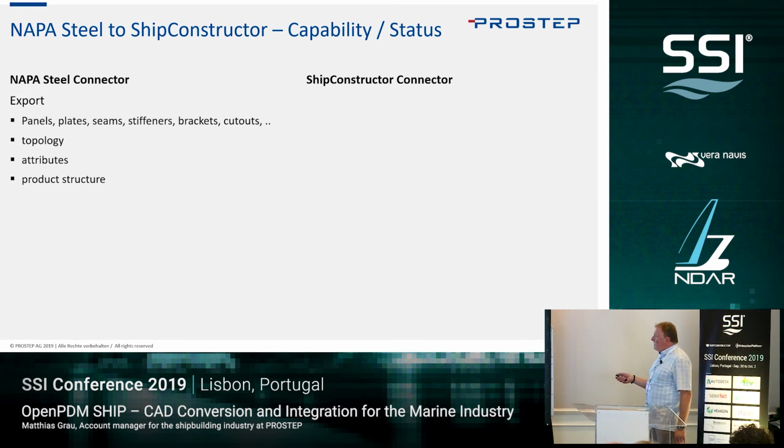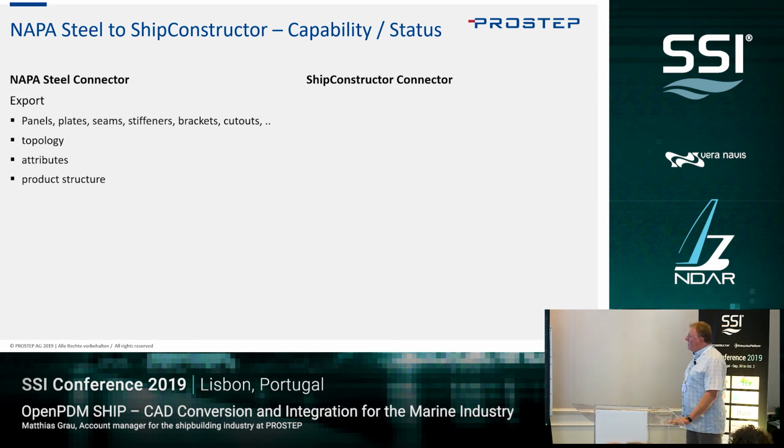All the attributes that are in NAPA Steel are exported, and the structure, which is a bit simple in NAPA Steel. So we have block, panel, part, but anyway, the structure comes as well. Status is, this thing is there. I mentioned it already.